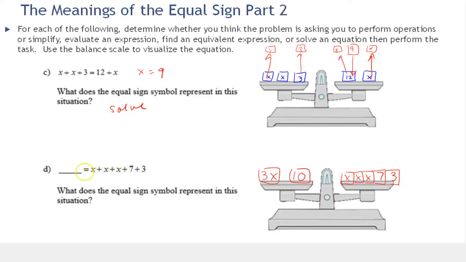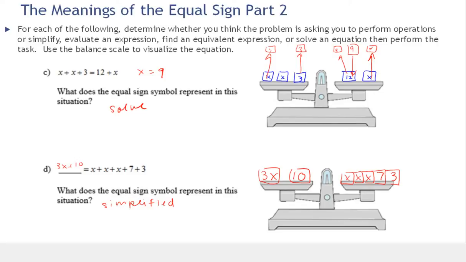Okay. So this expression is equal to 3x plus 10. And notice what I did. You could say I simplified because I performed all of the operations, or you could say I performed the operations, either one. Okay, so remember those are pretty much synonymous, simplifying or performing all the operations.